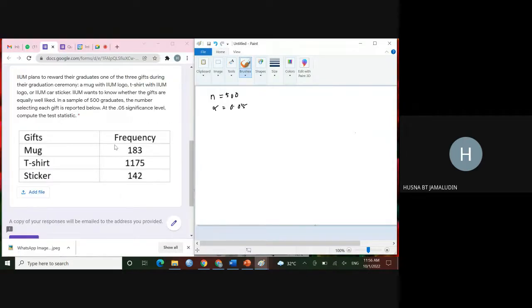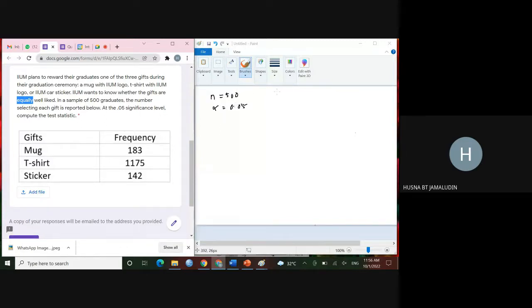Equal. How do you know it is equal? Because we are expecting that these three are equally well liked.